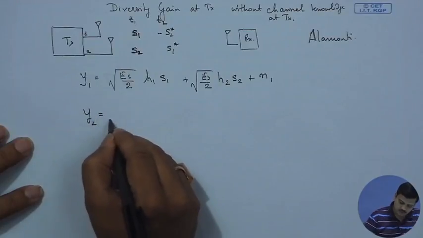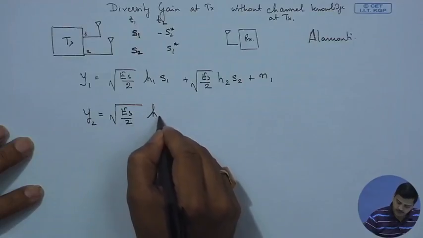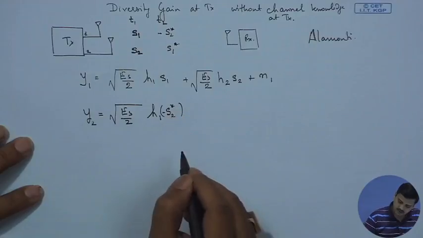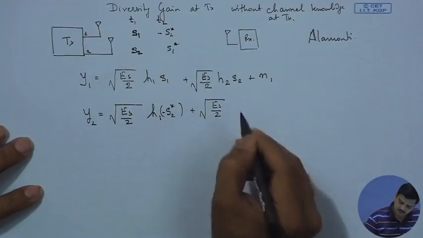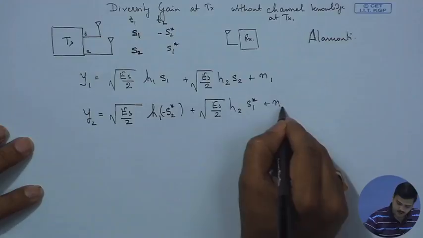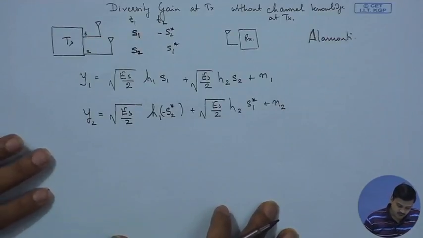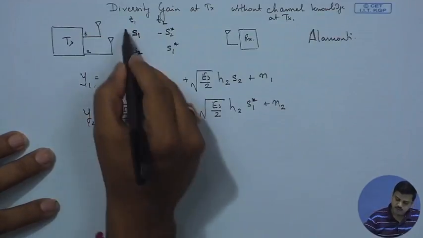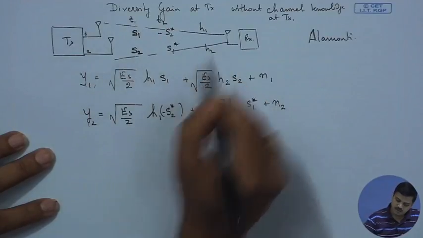And y2 is equal to root over Es by 2 times H1 times minus S2 conjugate, that's what we are sending, plus root over Es by 2 times H2 times S1 conjugate, plus N2. This is time instant 1, this is time instant 2. So this link is basically H1, this link is basically H2.